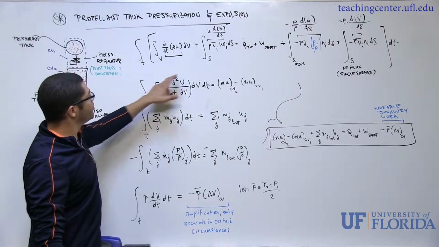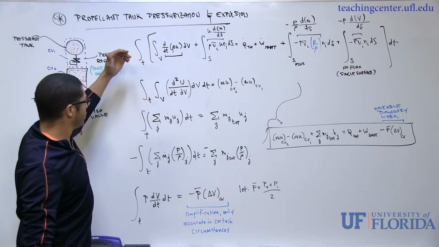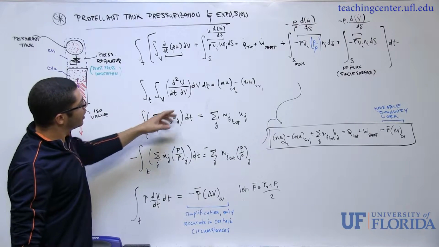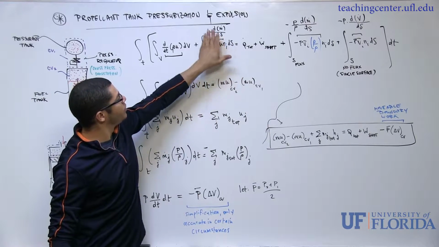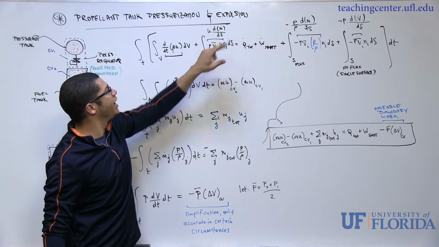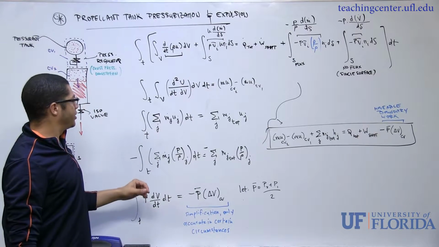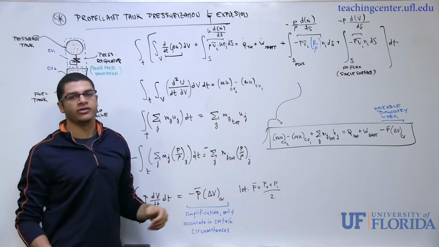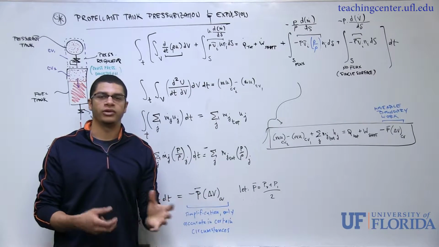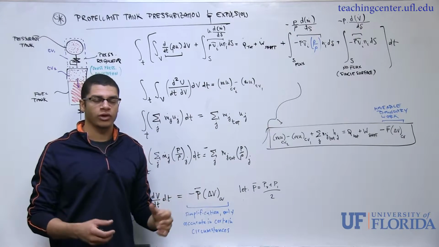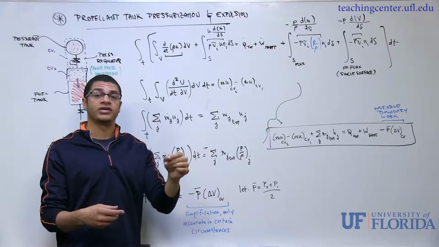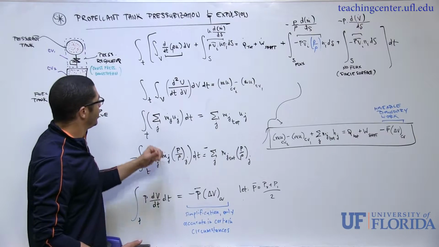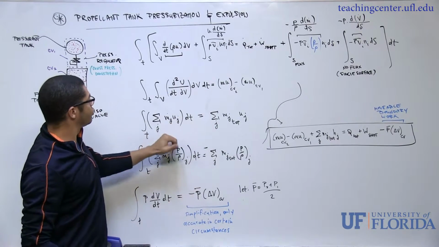As far as the next term goes, it's the second term right here. If I multiply this by ds, I have u dm dot, okay? And if I assume that there are only fluxes not across the entire boundary, not a continuous diffusion flux across the whole thing, but discrete fluxes at different points, so pipes or tubes entering or leaving the control volume, this integral turns into a summation.